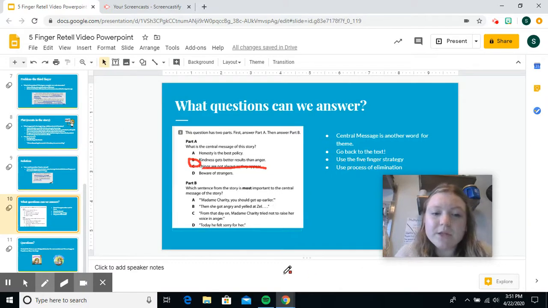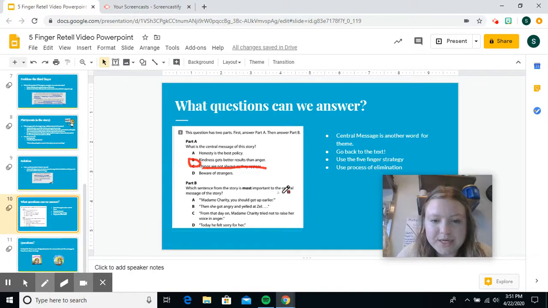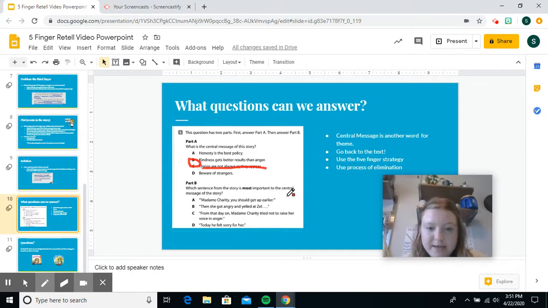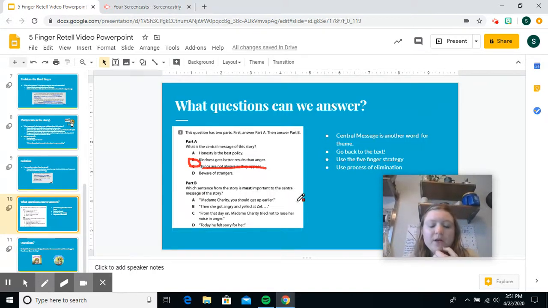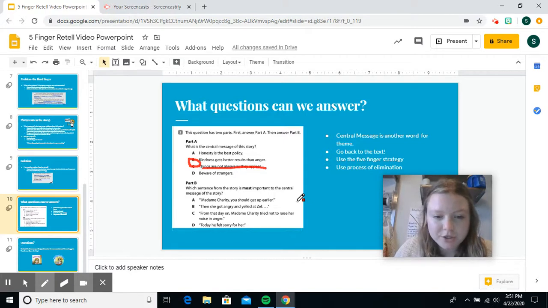All right. So for part B down here, it says which sentence from the story is the most important to the central message of the story. So if I say the most important, that's the one that most makes sense, right? Let's see these. A, Madame Charity, you should get up earlier. B is, then she got angry and yelled at Zell. C, from that day on, Madame Charity tried not to raise her voice in anger. Or D, today he felt sorry for her.